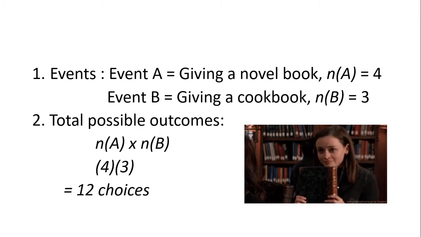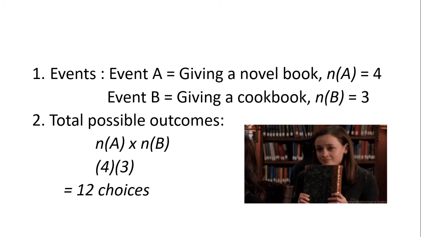Then, the total possible outcomes or choices of books she can make is n of A times n of B, and that is represented by 4 times 3, that is 12 choices. Therefore, there are a total of 12 choices for Cheryl to give one novel book and a cookbook.